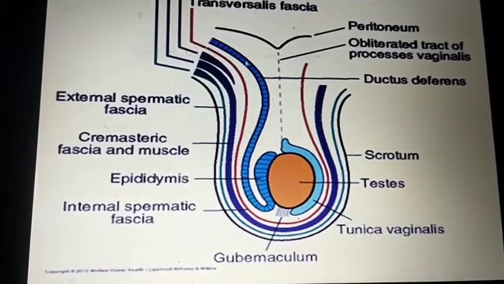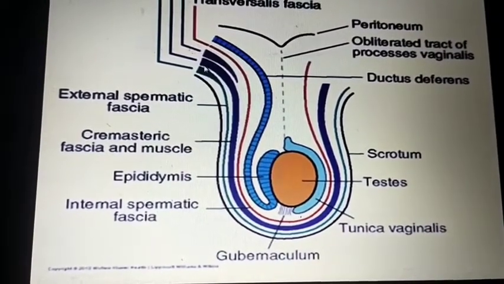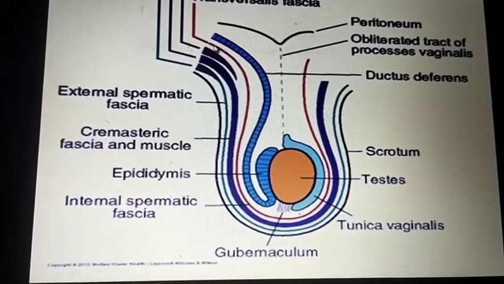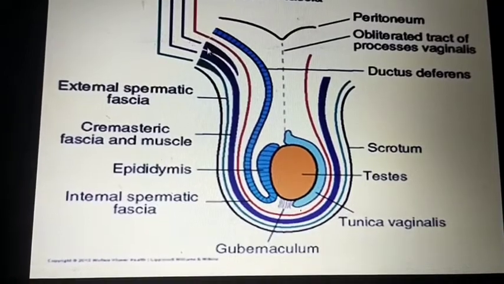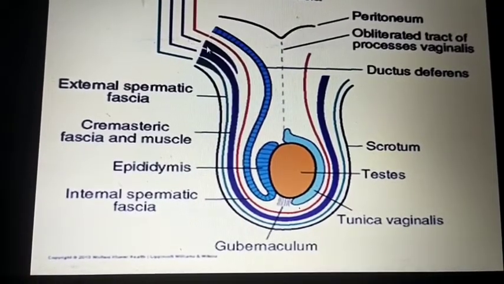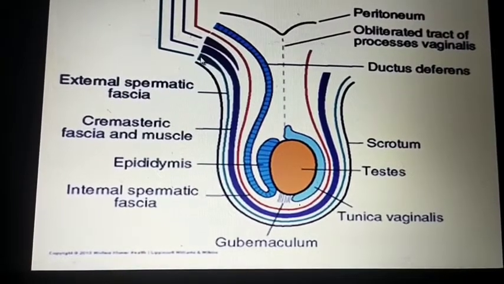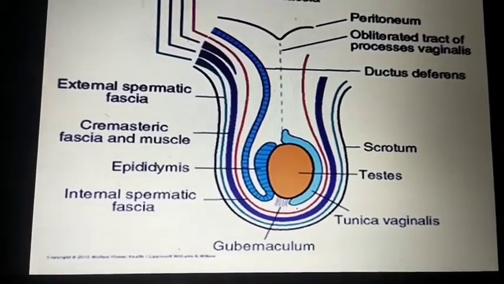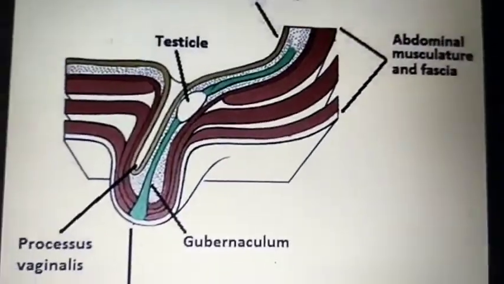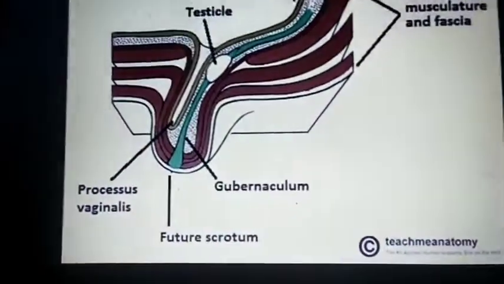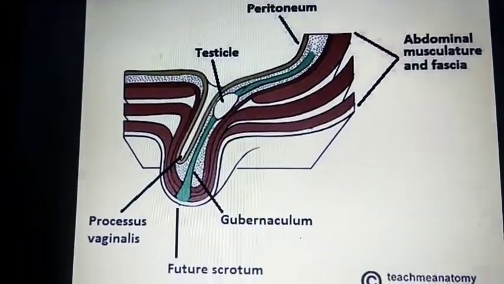You can see here these are the muscles of the anterior abdominal wall. This is the transversalis fascia, this is the transverse abdominis muscle, internal oblique muscle and external oblique muscle. Okay, you can go for the next slide. There you can see, I already showed this during the anatomy of the inguinal canal, the descent of the testis.